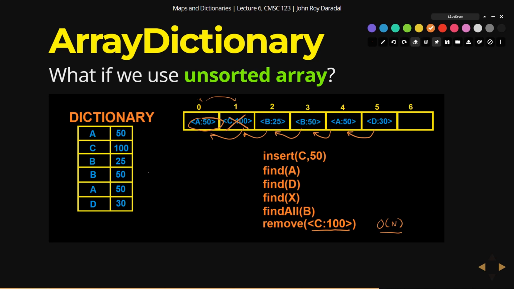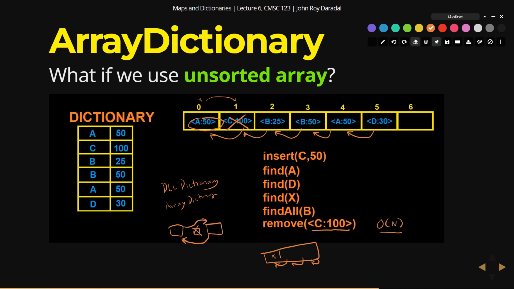Okay, so in effect, DLL dictionary is even better than ArrayDictionary, because if we remove this node here for the DLL dictionary, we just have to relink the neighboring nodes. But if we use the array and remove this item here, then we have to move all items forward, right?